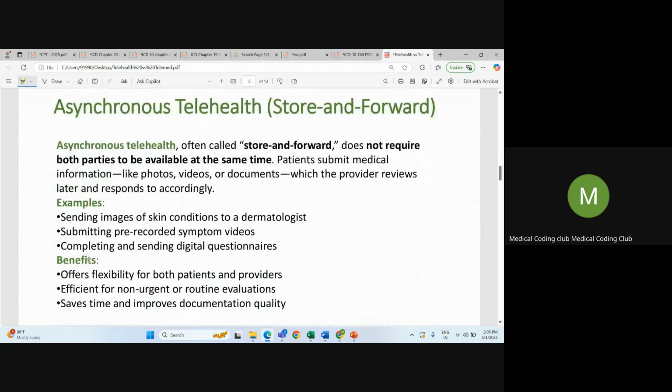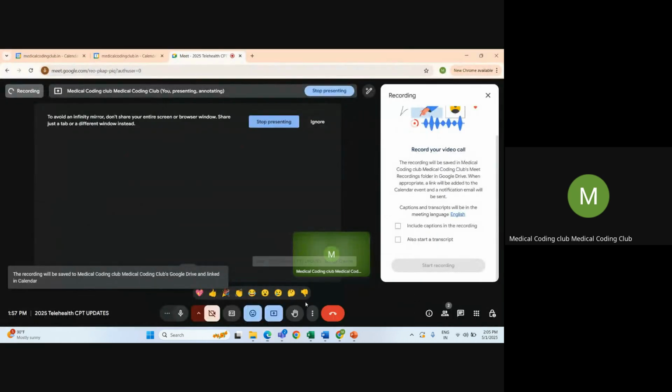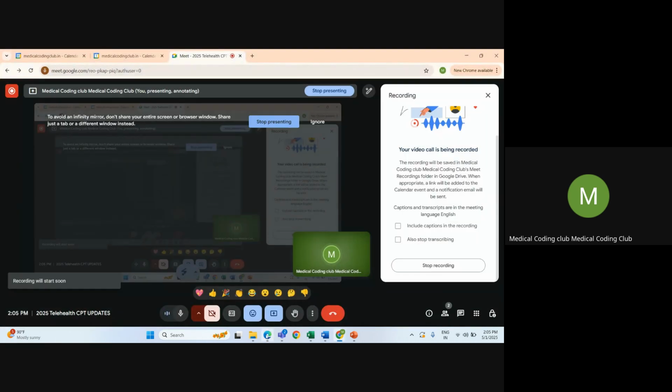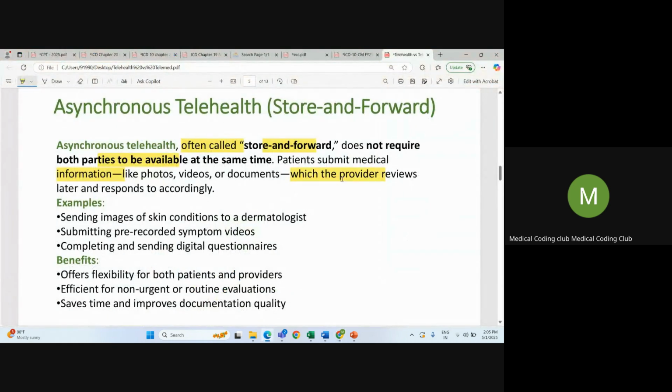Coming to asynchronous telehealth, as I said earlier, it is often called store and forward, and it does not require both parties to be available at the same time. The patient can submit medical information like photos, videos, and documents, which the provider will review later and respond to accordingly.